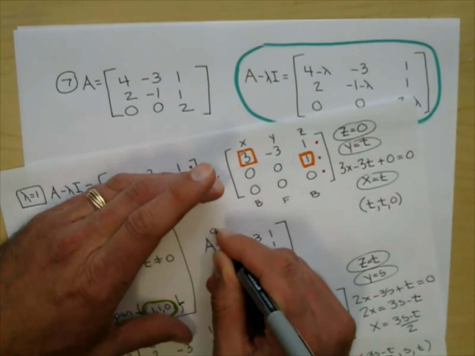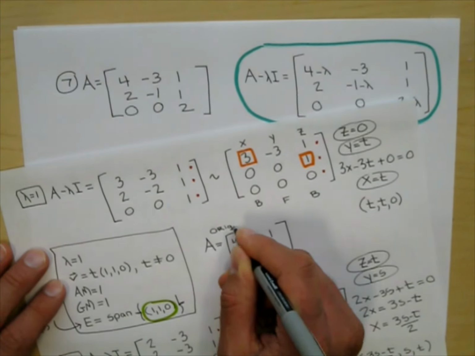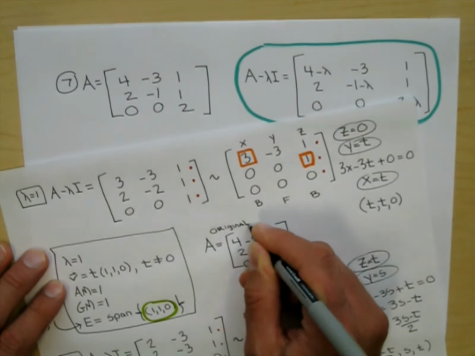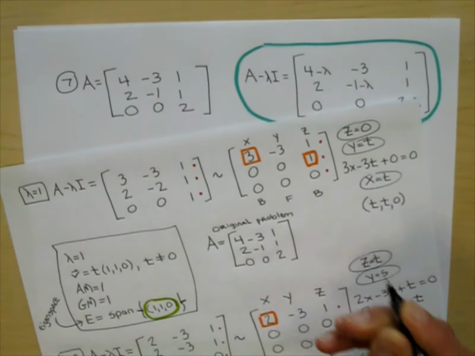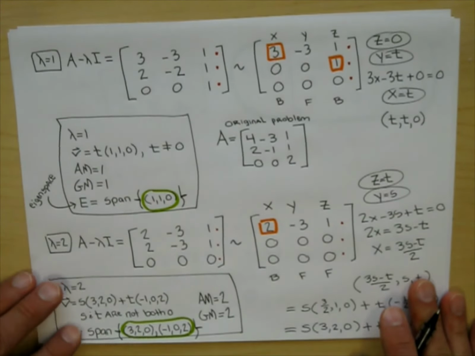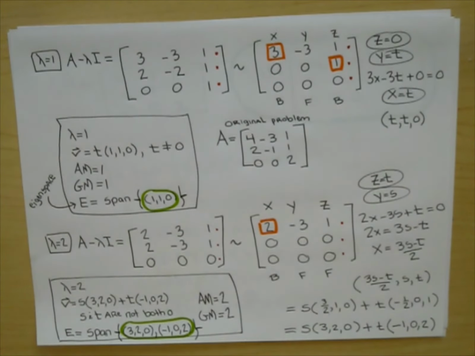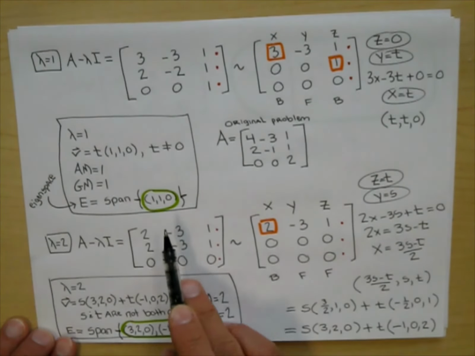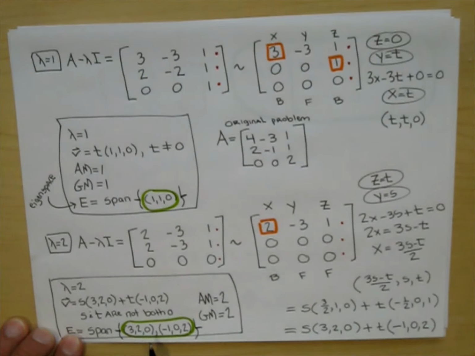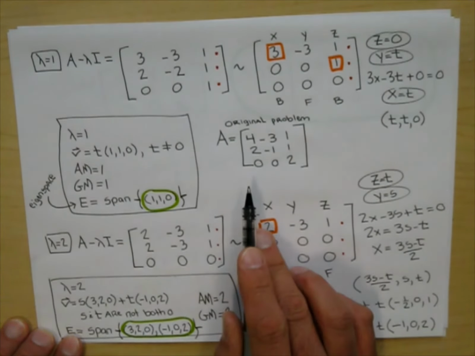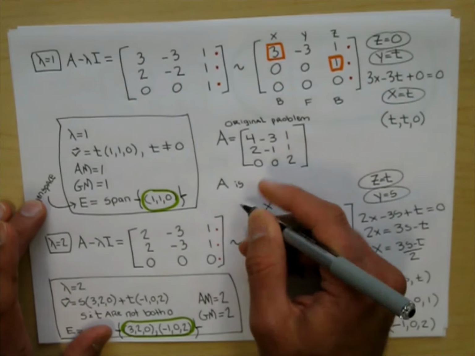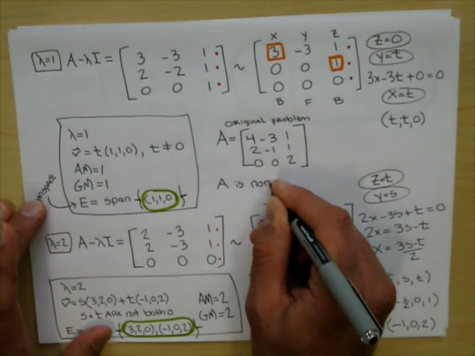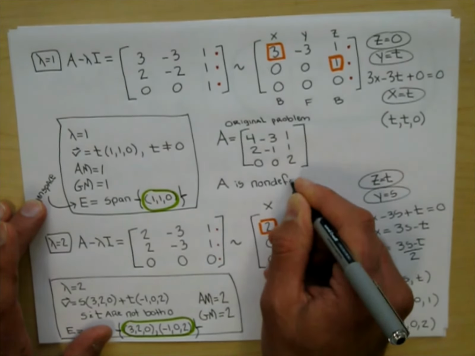So this is the original problem. Basically they're saying if we have 3 independent eigenvectors, and we do, 1, 2, 3, then we can say that A is non-defective.